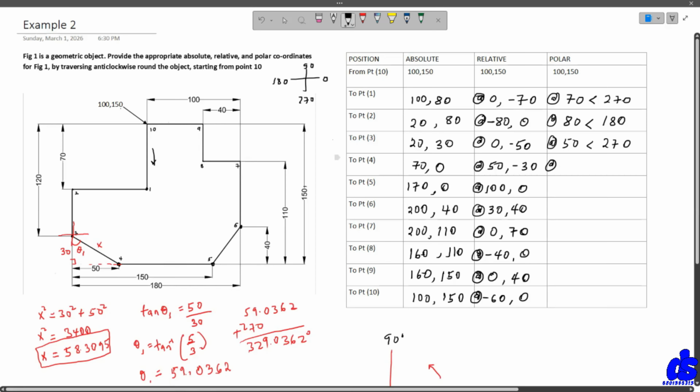So let's fill it out. Our magnitude in this case is 58.3095, and our angle is 329.03 degrees.